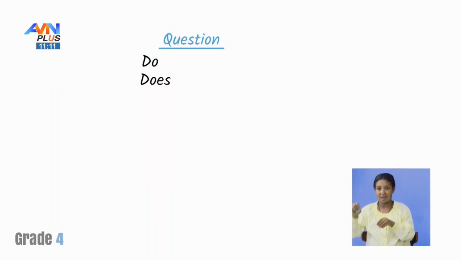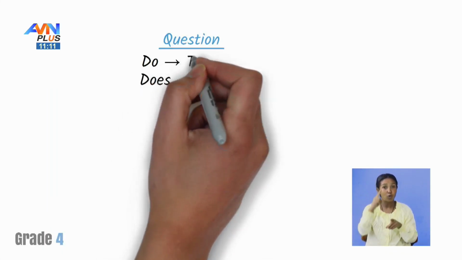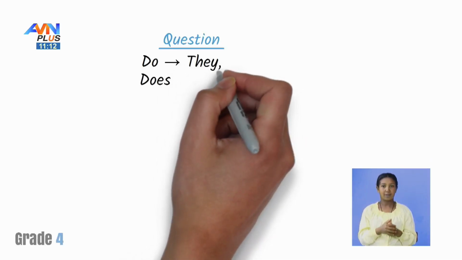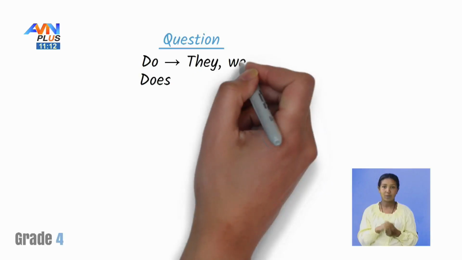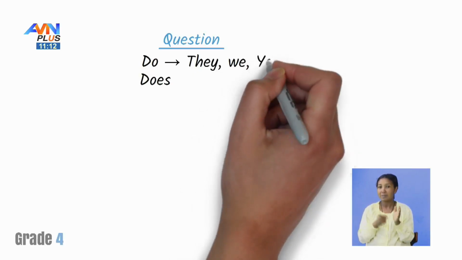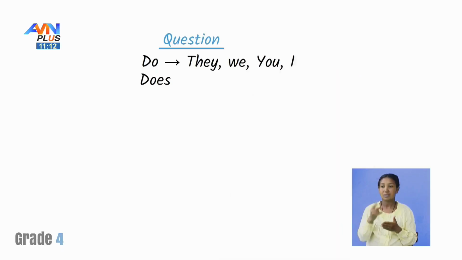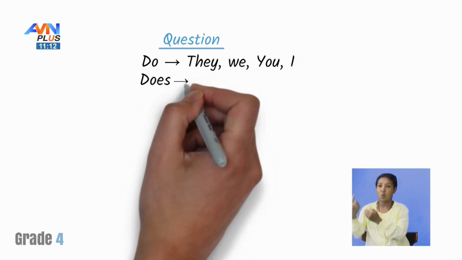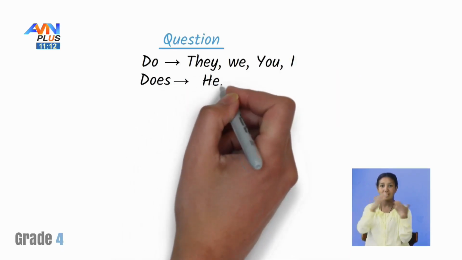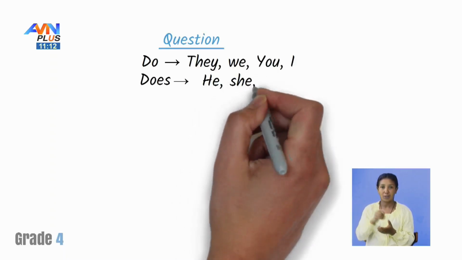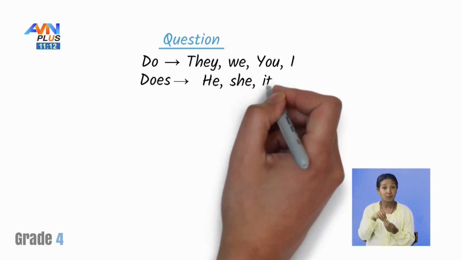We use do for they, we, you, and also I. And we use does for a singular subject: he, she, and it.